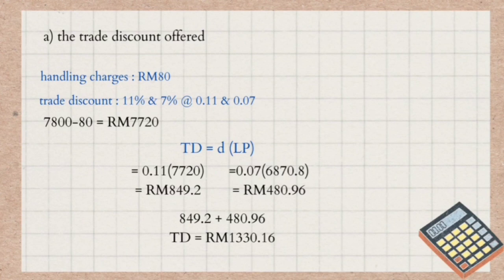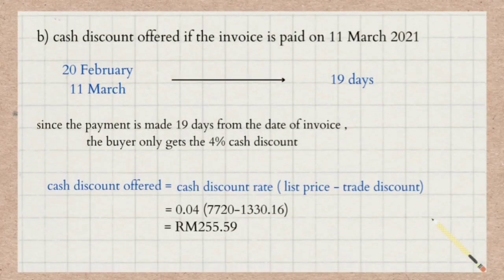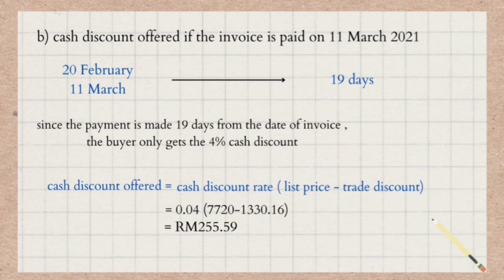For the first trade discount, 0.11 times 7,720 equals RM 849.2, and for the second, 0.07 times 6,870.8 equals RM 480.96. So we add 849.2 plus 418.96. So we get the trade discount as RM 1,330.16.